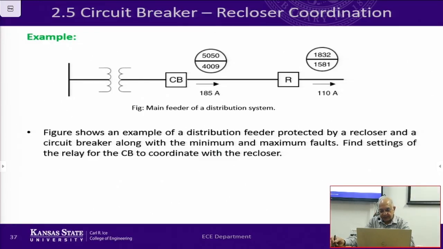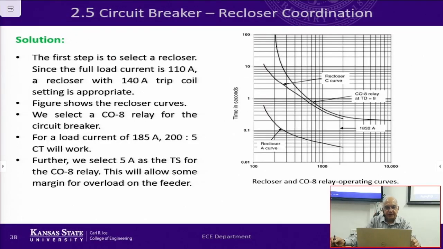We are going to look at coordination. The first step is to select a recloser. Since the full load current is 110 amps, a recloser with 140 amp trip coil setting is appropriate. This shows the recloser curve A, and it also shows recloser curve C.